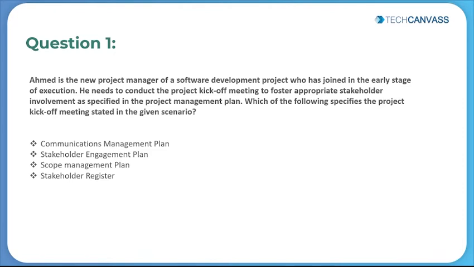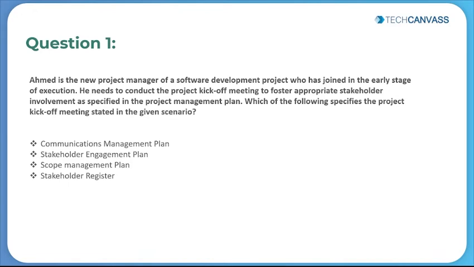Which of the following specifies the project kickoff meeting stated in the given scenario? The four options are communications management plan, stakeholder engagement plan, scope management plan, and stakeholder register. Now we need to figure out which option is the correct one.